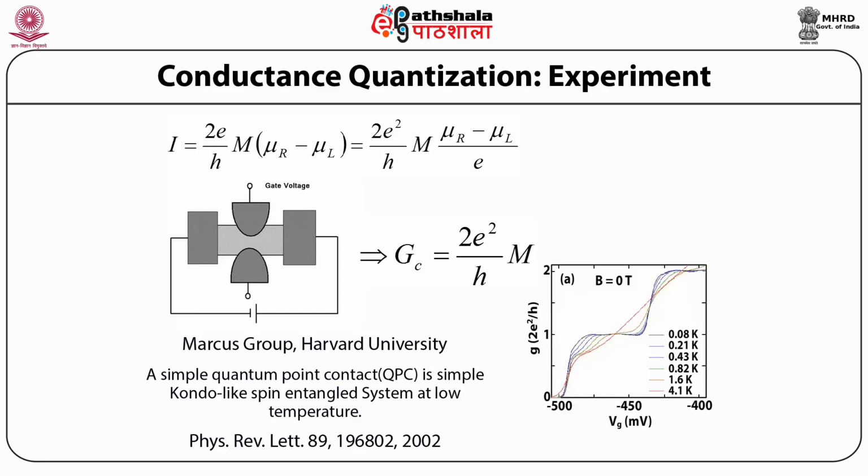In the graph below, the variation of G_c with the gate voltage V_g is shown with the variation in temperature. That is, the conductance shows plateaus at multiples of 2e²/h.